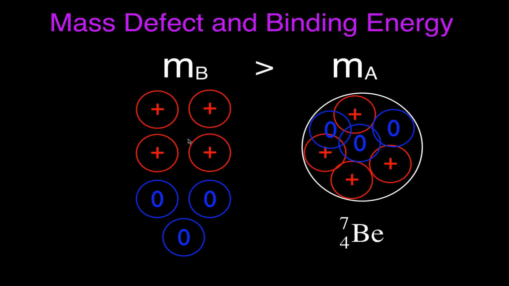We usually say the mass of the protons and neutrons bound into the nucleus is less than the mass before for the individual constituents, and we call that the mass defect. We can convert that into energy using Einstein's equation, E equals mc squared. So that's the mass defect and the binding energy. The mass you lose when you put those together goes into the energy that is used to hold them together.